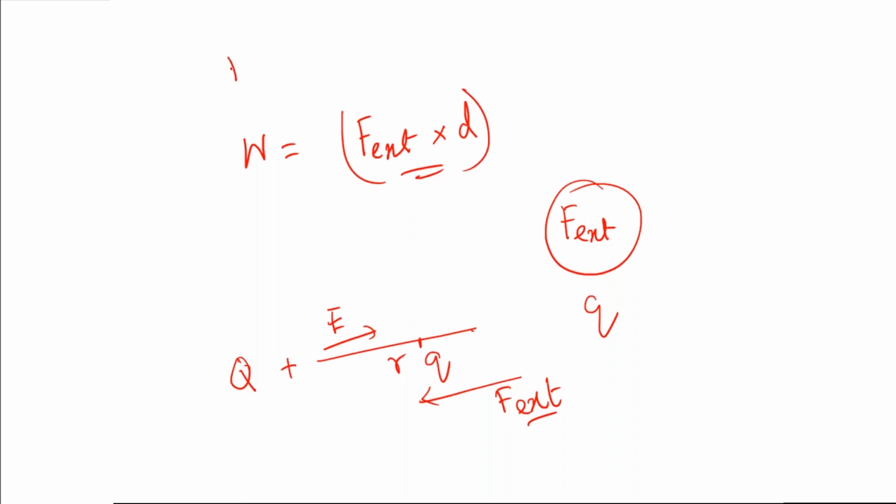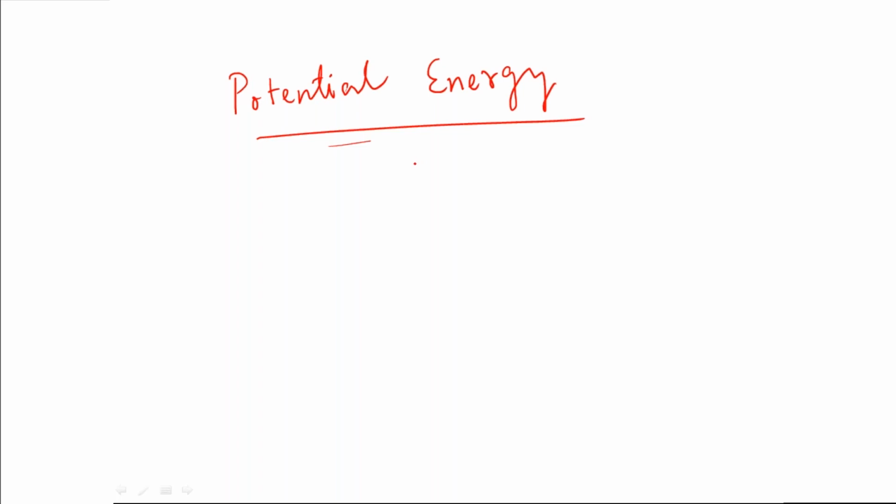So we are talking about potential. Before we learn potential, we have to learn potential energy. If you remember in your 11th standard, there is a chapter called work, power, energy, where you learned the concept of potential energy. Potential energy cannot be arbitrarily obtained for any kind of force.